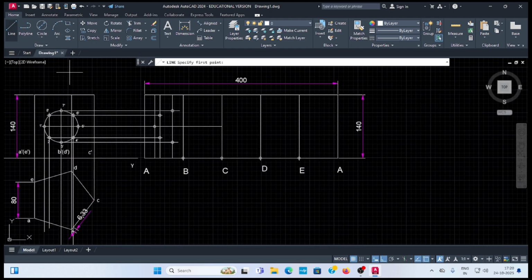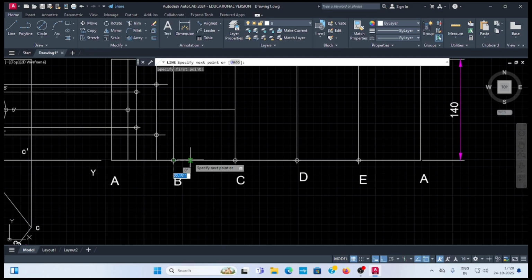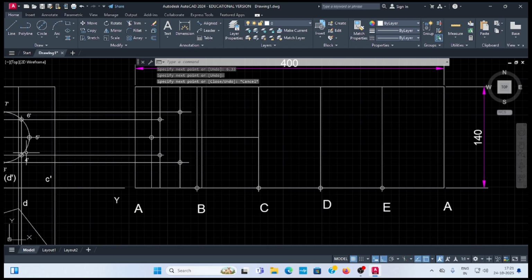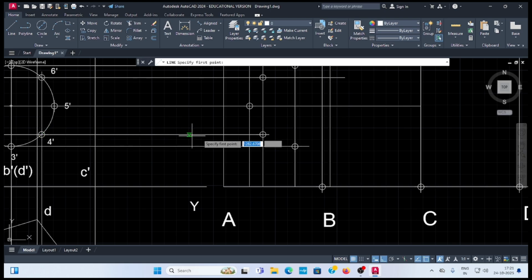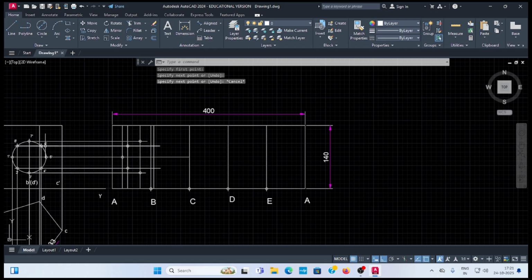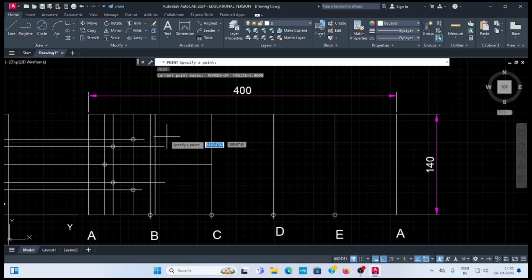Take line from B to this side, 6.33. Enter. I draw one line. This is 6 dash and 4 dash. So this line I extend, and 4 dash, this line I extend. We get the 6 dash and 4 dash points. So mark point. Enter.